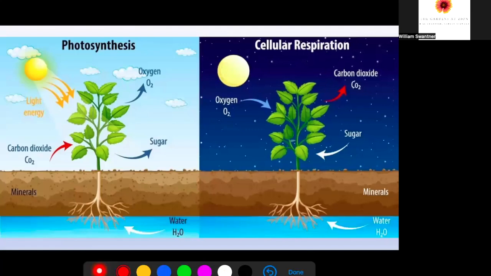It can come from the sun or from artificial lights, providing the artificial lights have the full spectrum of color. It takes in carbon dioxide and water. Cellular respiration is where the plant takes in oxygen and sugar and water, and releases carbon dioxide.